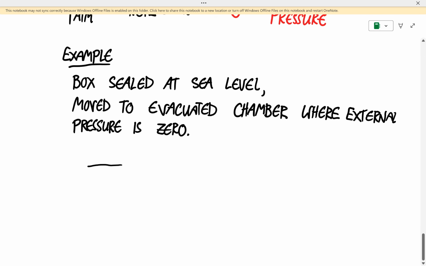And so just to make the calculations easy, let's say this box has side lengths of 1 meter. So a 1 meter cubic container.